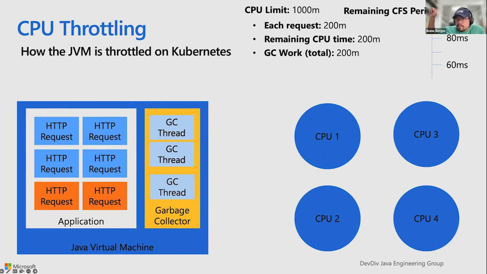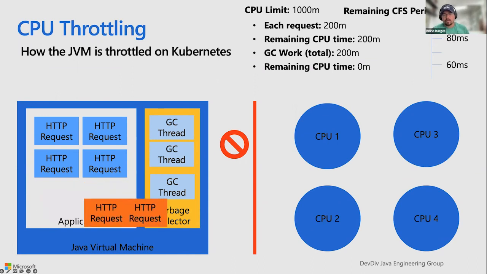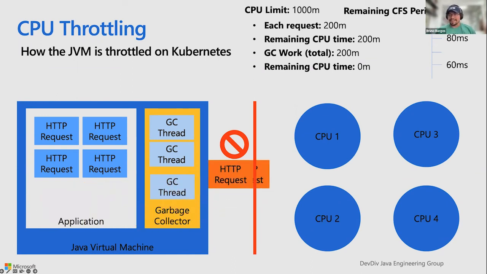And now the remaining CFS period is 60 milliseconds. And my application cannot do anything else because there's no more CPU time left, which means now any new HTTP request that happens here will be throttled. And that is why when we do performance load tests on applications inside containers, inside Kubernetes, we see some spikes of latency happening.